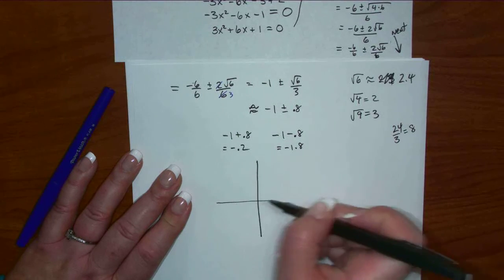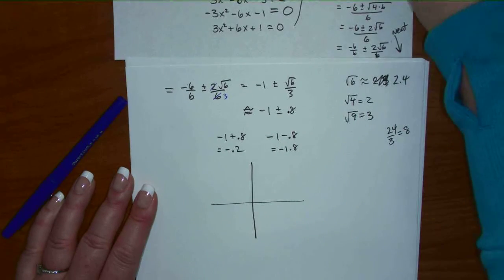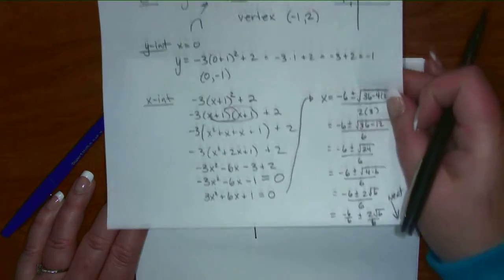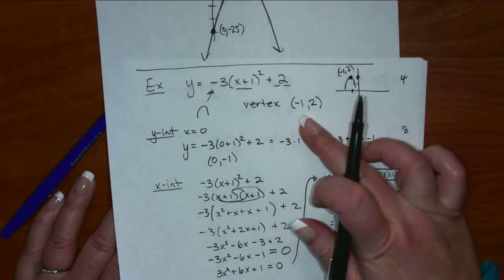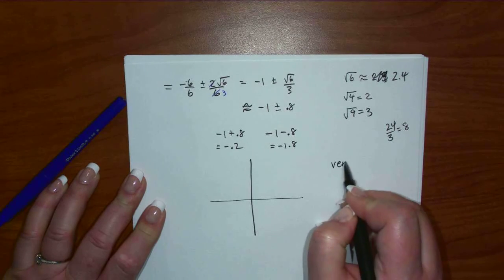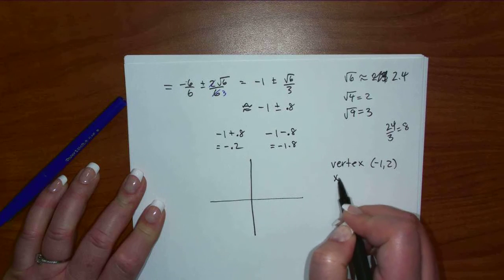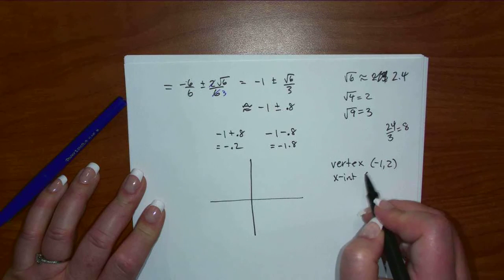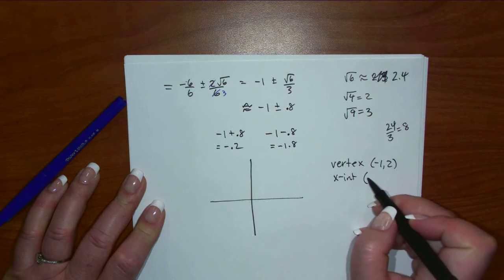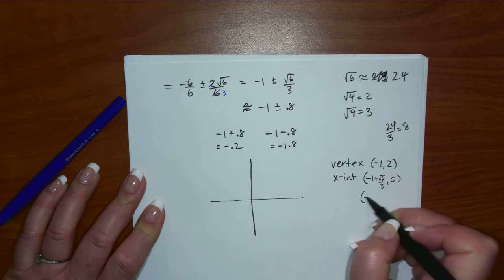So our vertex was minus 1, 2. Our X-intercepts are minus 1 plus root 6 over 3 and minus 1 minus root 6 over 3.